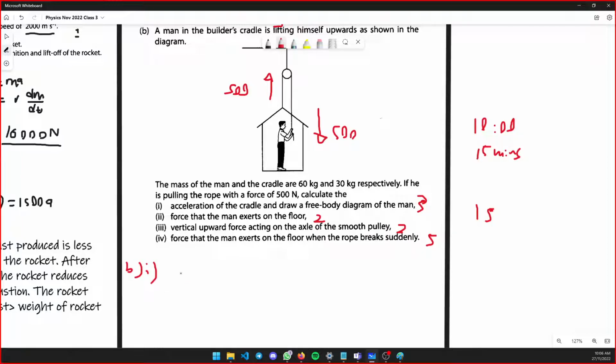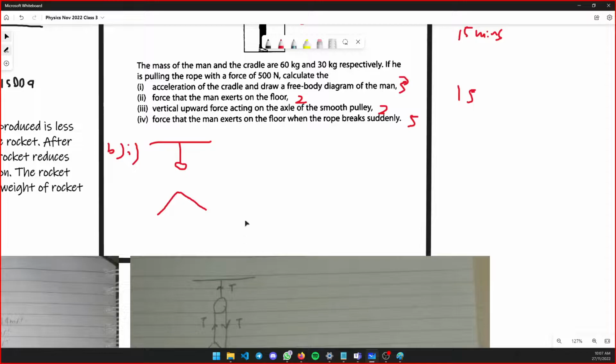So how do we draw a free body diagram? I prefer drawing a stickman, it's easy to draw. One rope is attached here, another one here, and he's holding it.